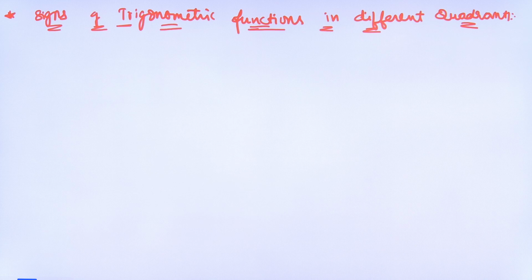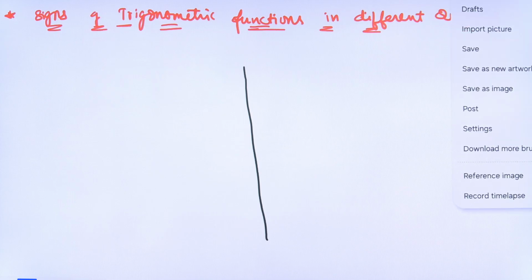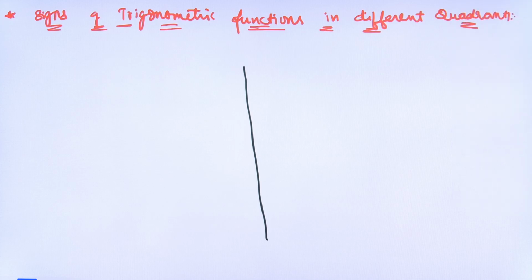See, students, basically we do have something like this, right? Wait for a while. Okay, no issue. Let us draw the plane directly. We have the four quadrants, right?